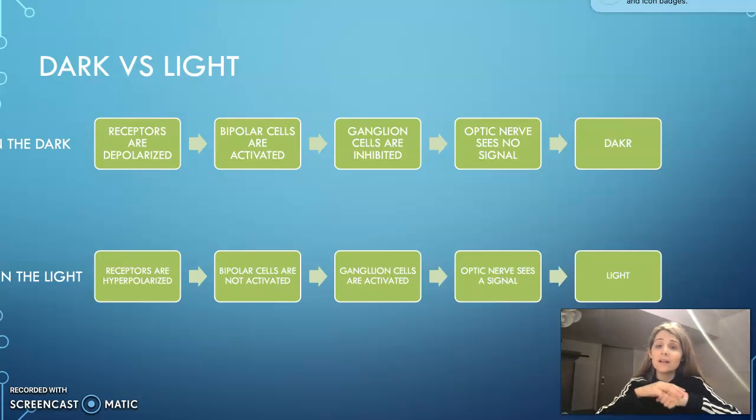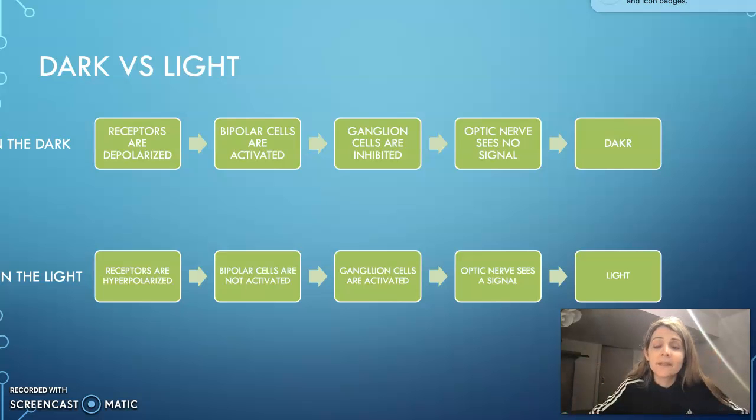When the receptors are activated, they will activate the next cell in line, which is the bipolar cell. The bipolar cell by nature is inhibitory, so it inhibits whatever comes after. That means the bipolar cell will inhibit the ganglionic cells. The ganglionic cells cannot work, so they cannot send a signal to the optic nerve, which means the brain doesn't see anything. There is no signal.